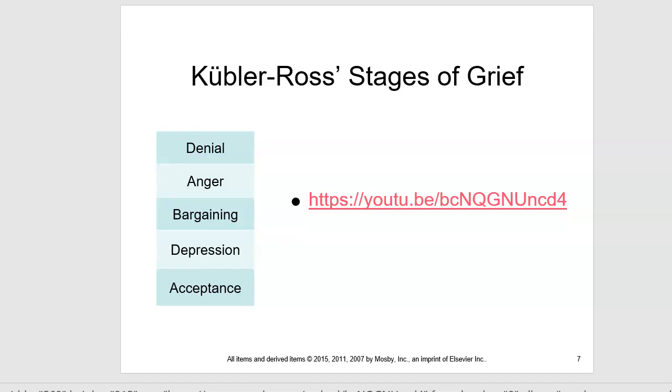You can kind of picture that one, an example of somebody curled up in bed or just not able to get through their day-to-day lives during this depression. And then acceptance is the last stage, when an individual begins to accept the reality and the inevitability of the loss and starts to look to the future and understand that this loss doesn't have to define them.